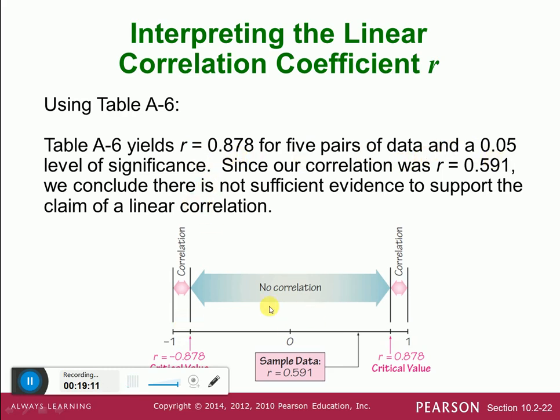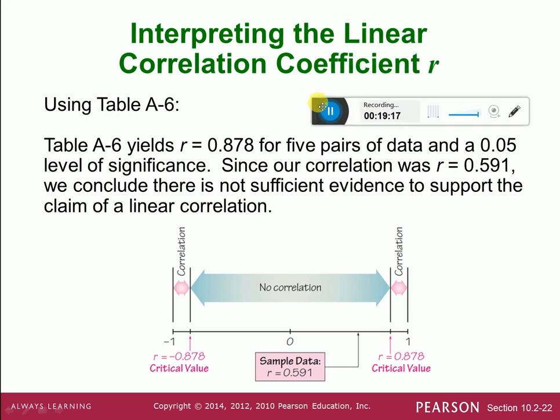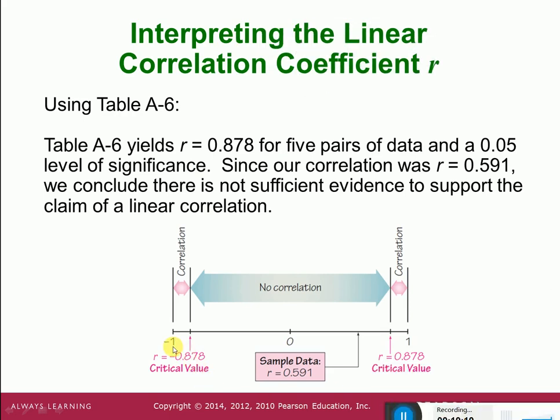Now the value of R is from -1 to 1. If table A6 gives us 0.878, then from 0.878 up to 1 is the region for correlation, and also from -0.878 all the way to -1 is also the region of correlation.